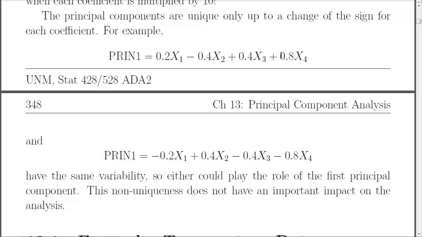You could plot this direction, though it would be hard to plot, but there's a direction in 4-dimensional space which corresponds to this linear combination of these features. And that direction is the same whether all those coefficients have the sign they have or the negative of those coefficients.